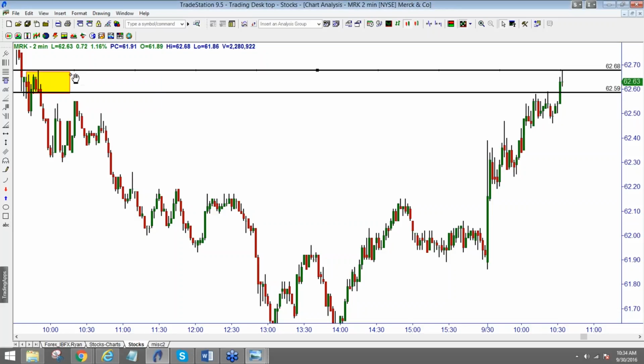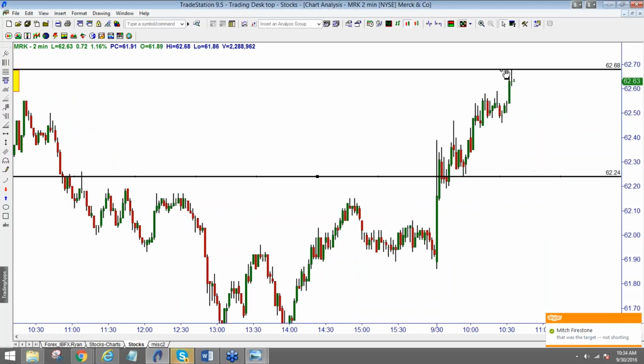Give this a little space. Nice move down. Price touched, came down, back in the zone now. Not stopping him out, but got this initial move down. Looks like that would have been an okay target for a little scalp. And now it's kind of just playing around. But small risk trade, about 9 cents, let's say 10.